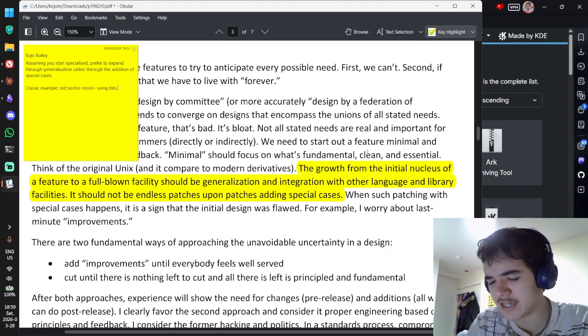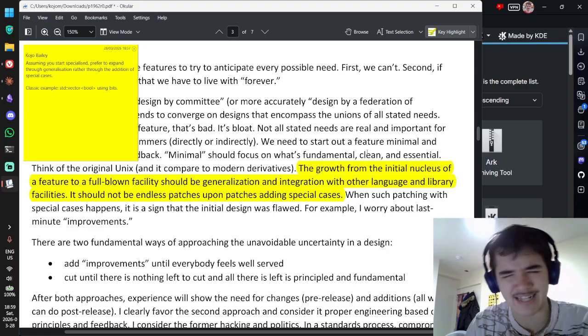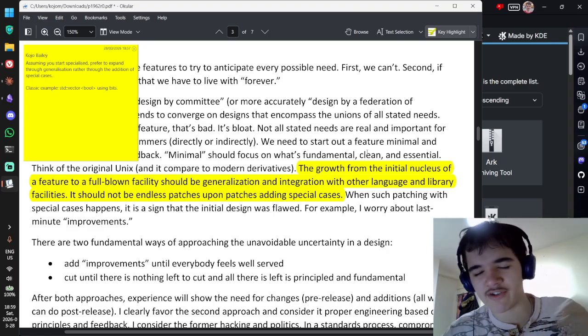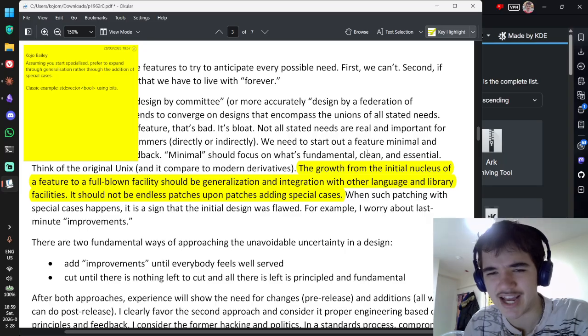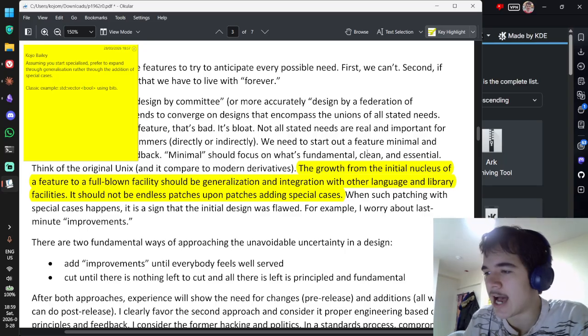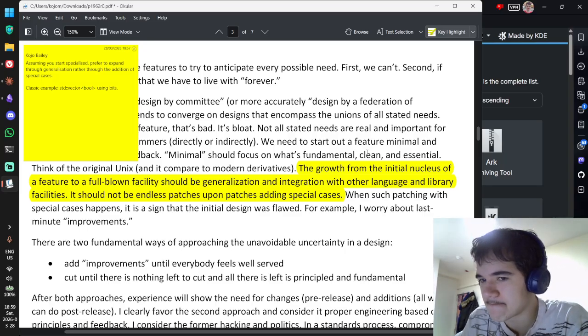Rather than trying to make a special case, because special cases just don't work well with an interface, especially when it comes to generic programming. If you have a class that accepts different types, doing special cases is just nightmarish. And generic programming isn't just for types. It can be for other types of generalization, or genericity.